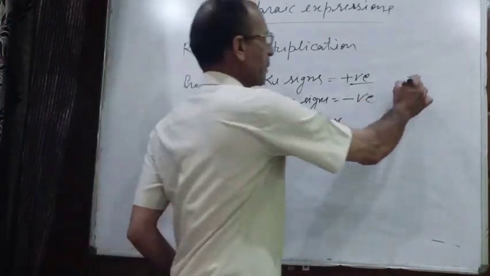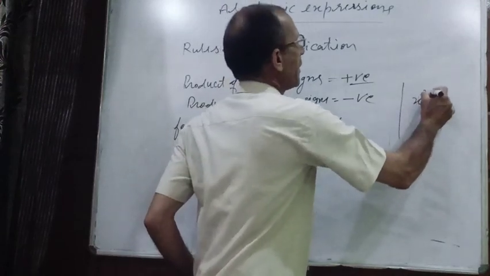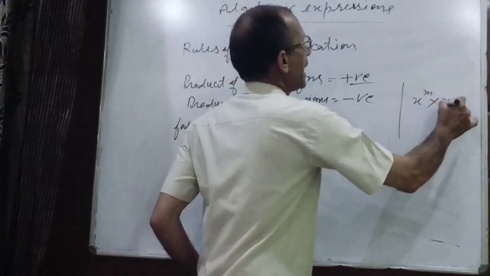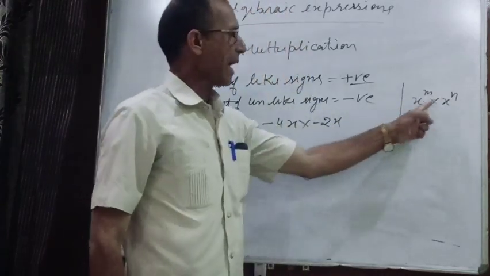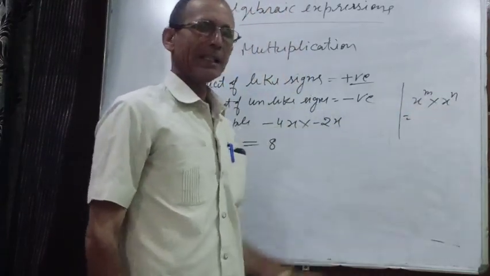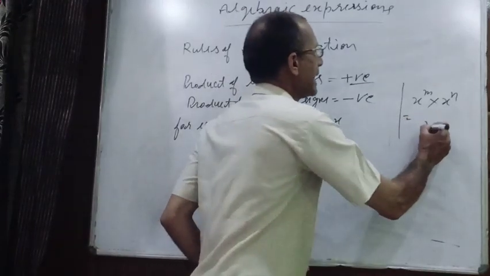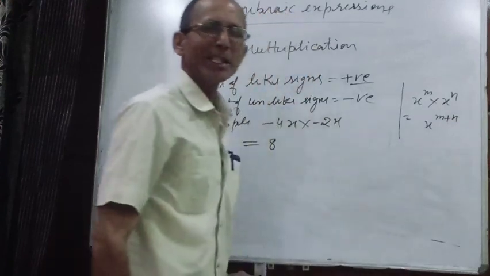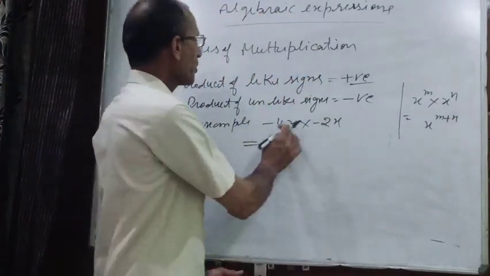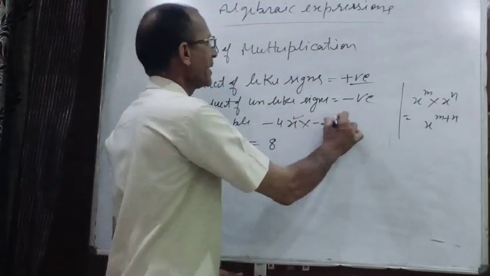Now, laws of exponents you know: x raised to the power m multiplied by x raised to the power n, the bases are the same. Here also x, here also x. Then the powers will be added. x raised to the power m plus n. You know this rule. So here also I will apply it. This is x, this is also x.